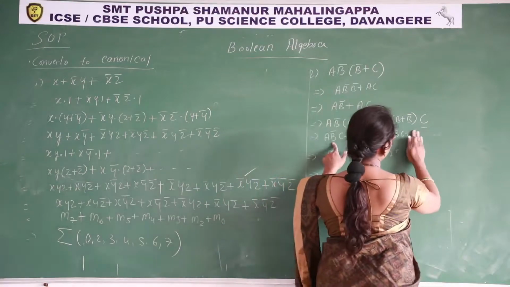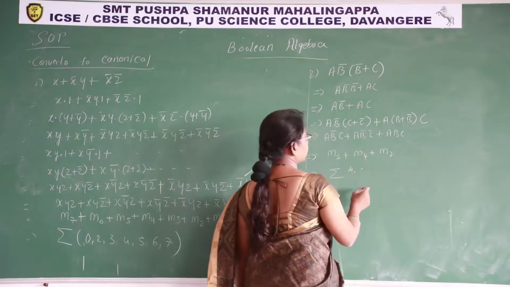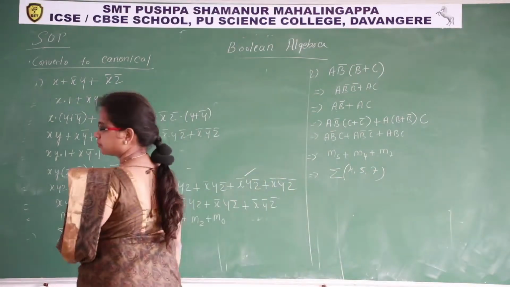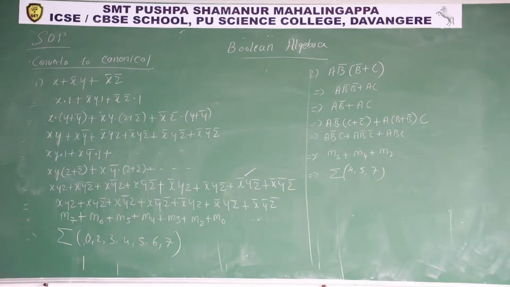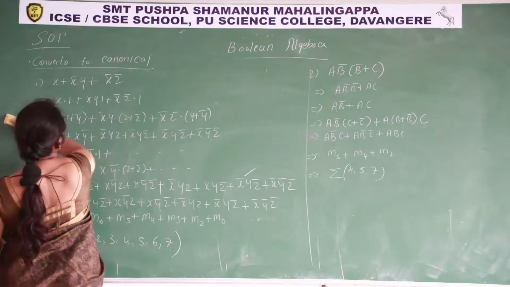These two terms are repeated, no? Only once you can write. 4, 5, 7. Next. This is about SOP expression.